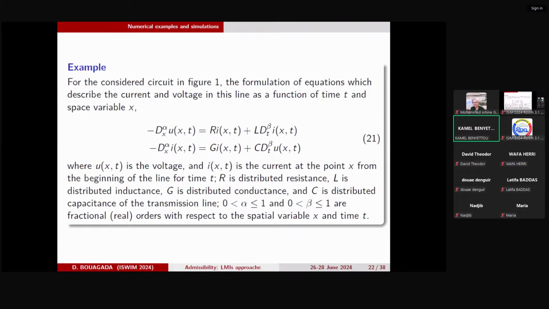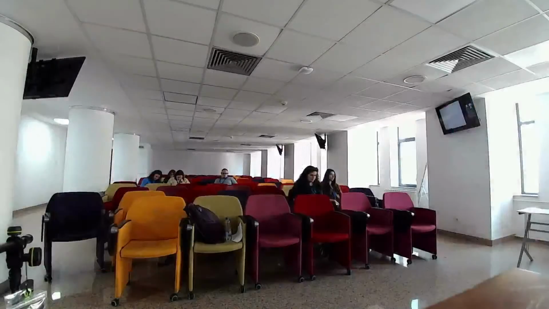For the considered circuit in the last figure, the reformulation of the equation would describe the current and voltage in this line as a function of time t and space variable x. The variation of this voltage and current in this line is described by the following system.